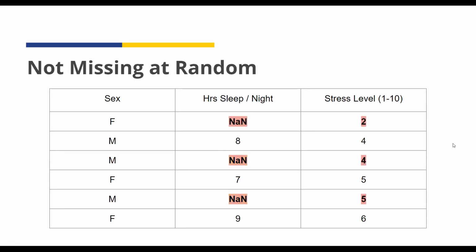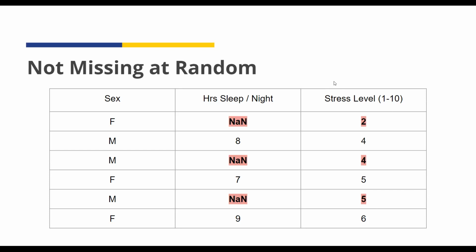Not missing at random is sort of the opposite in that you'll notice that our missing values perhaps are present as a result of the variable at hand, which is stress level. So for example, maybe those individuals who participated in this study did not record their hours of sleep per night because they were very stressed, right?